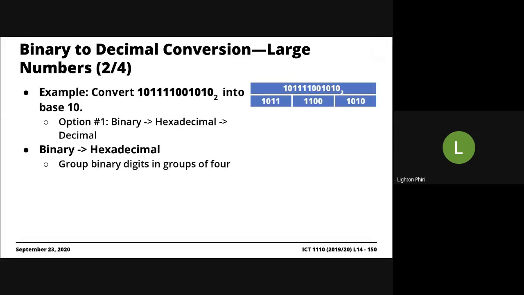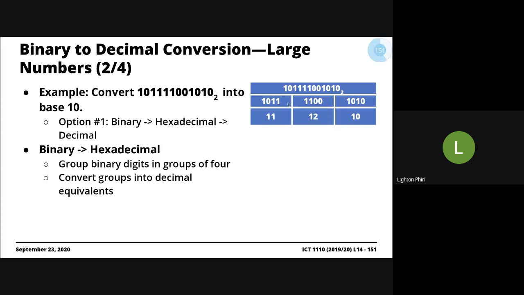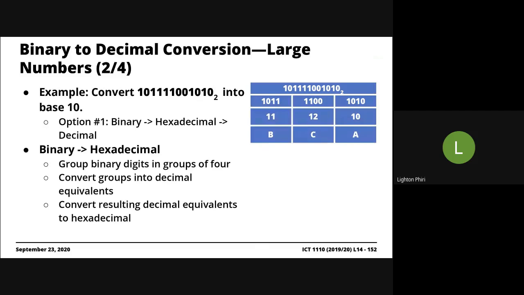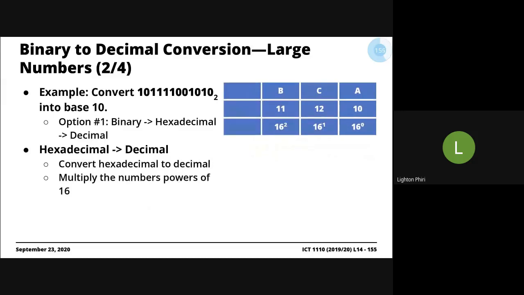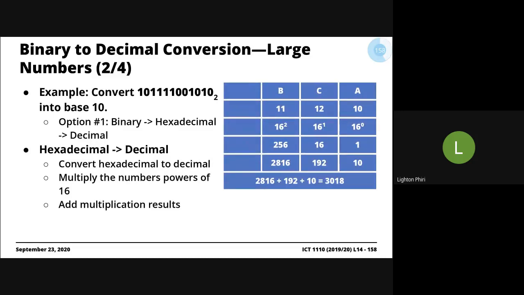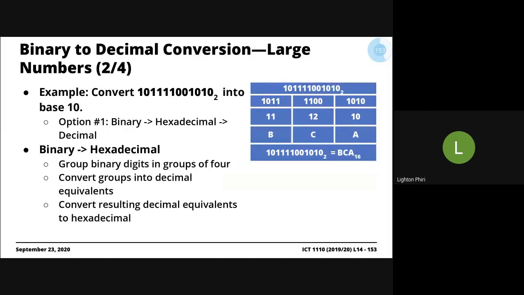So there are 2 options. The first option is what we've been doing, where you repeatedly multiply. The option we're advocating for right now is to group the binary digits in groups of 4s, or nibbles, and convert each group into its equivalent hexadecimal digit. So it's a 2-step process.